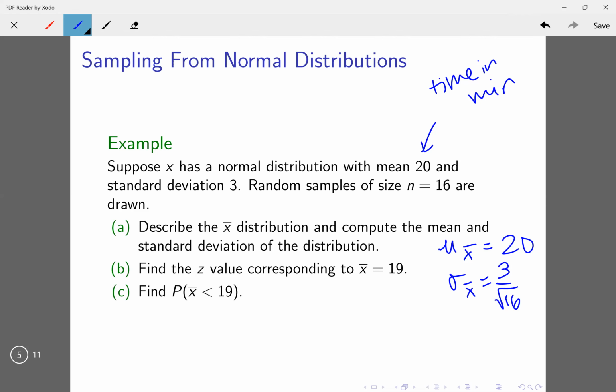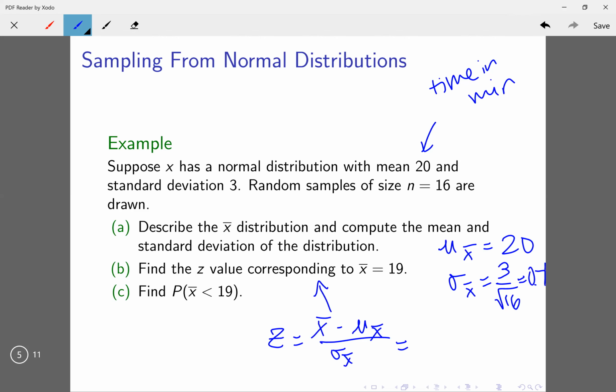All right. So now I can use that to find the z-value corresponding to X bar. So let's see what that's going to look like. The z-value, if you recall, is the X bar value minus the mean of X bar over the standard deviation of X bar. And we've calculated all those things on the right. This actually is 0.75.